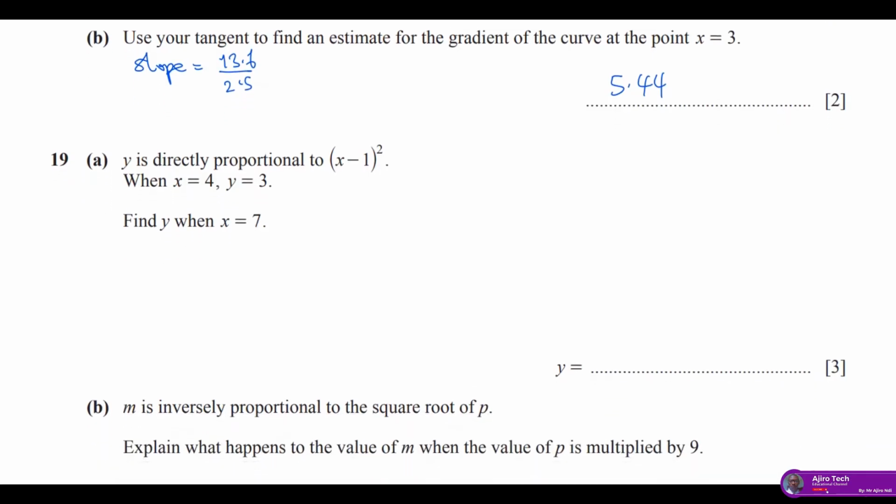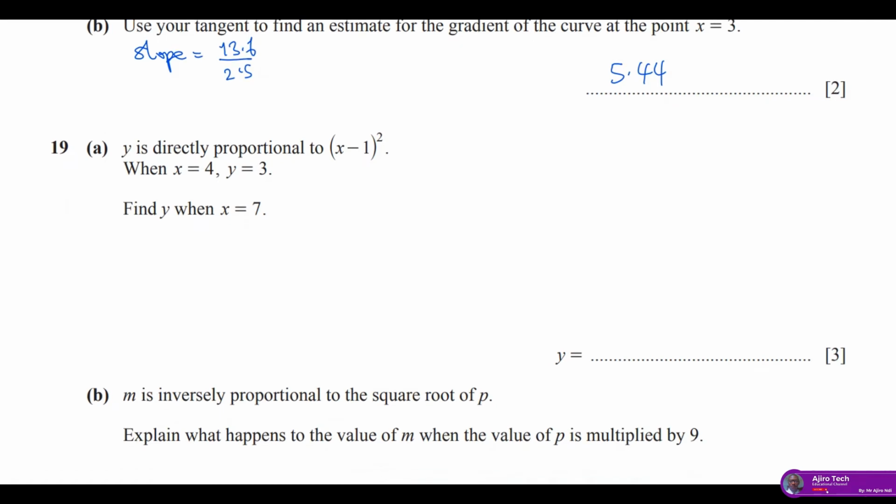Question 19. y is directly proportional to (x minus 1) squared. Now, to solve this, I'll say that y is proportional to (x minus 1) squared. If I change this proportionality to an equality, I introduce a constant of proportionality, and then I can put in the values.